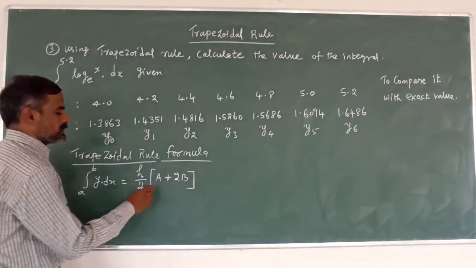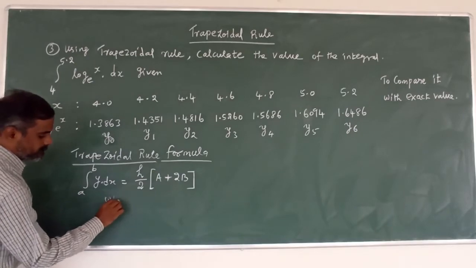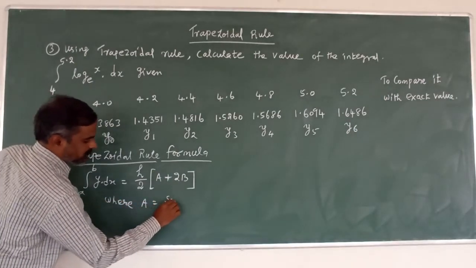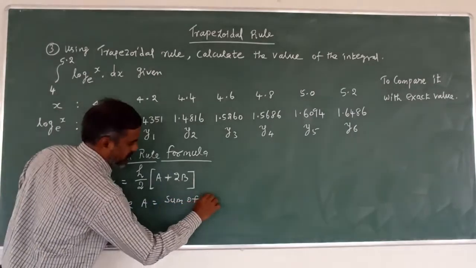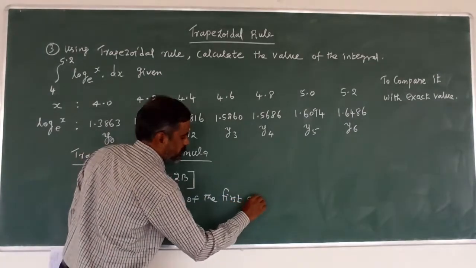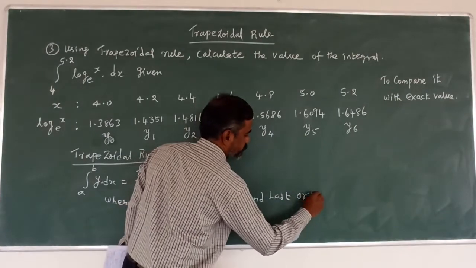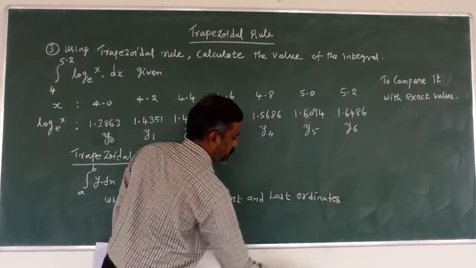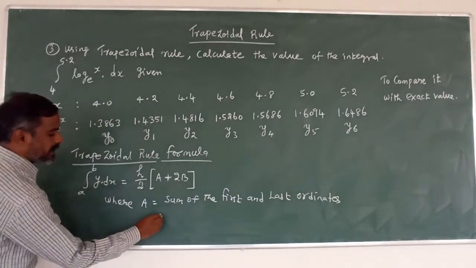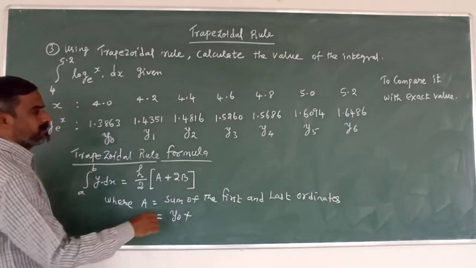Here A equals the sum of the first and last ordinates, that is y0 plus y6.